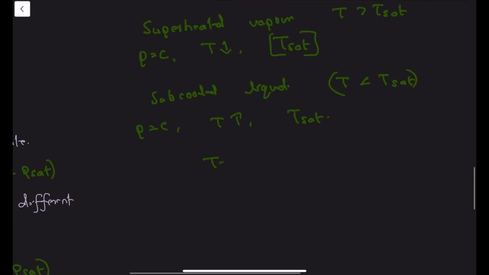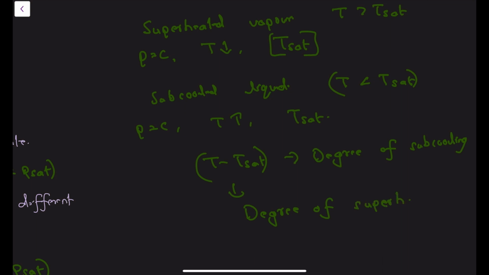This difference, T minus T saturation, is called the degree of subcooling. For a superheated vapor, this is the degree of superheating, which you can write as T minus T saturation, and for subcooling as T saturation minus T.